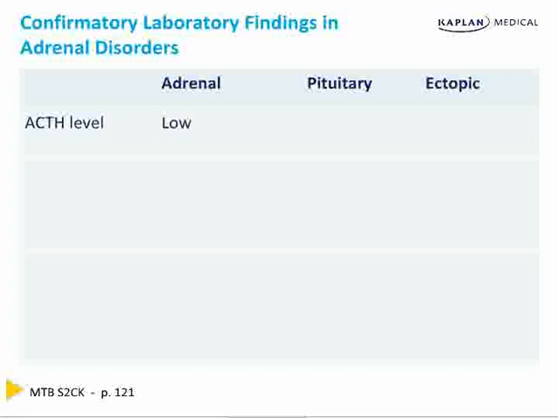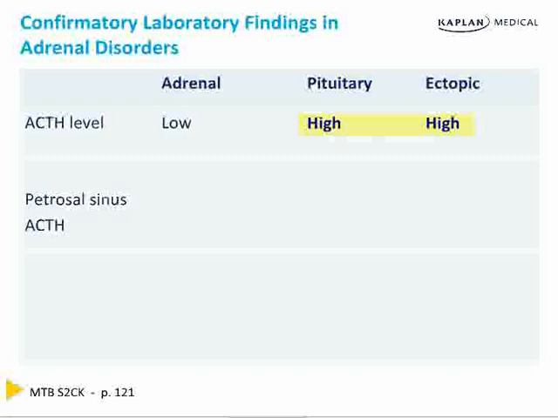The first thing is, if there's a low ACTH level, it's inside the adrenals, because the adrenals are overproducing cortisol and having feedback inhibition on the pituitary, so it's shutting off the ACTH. Now, pituitary and ectopic foci are a failure of normal feedback inhibition, so that's why the ACTH level is abnormally high in the presence of hypercortisolism.